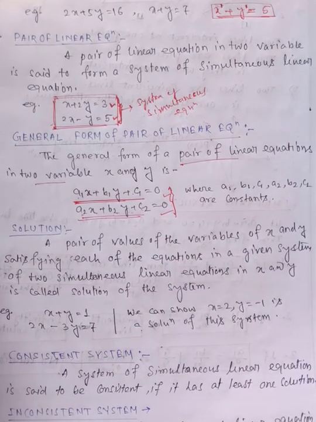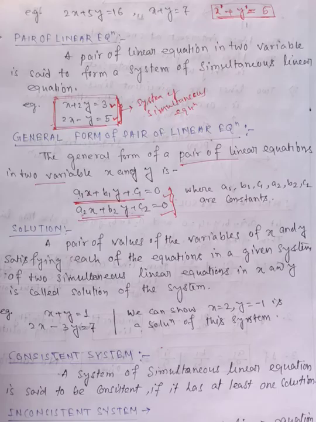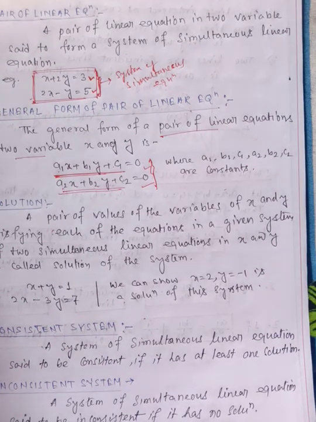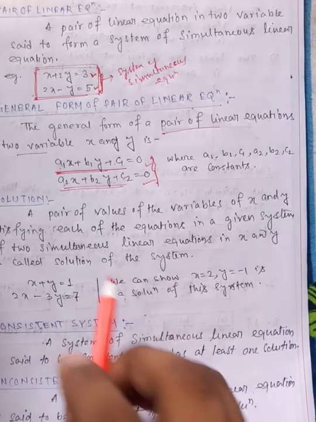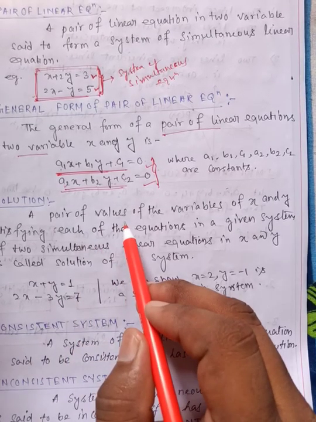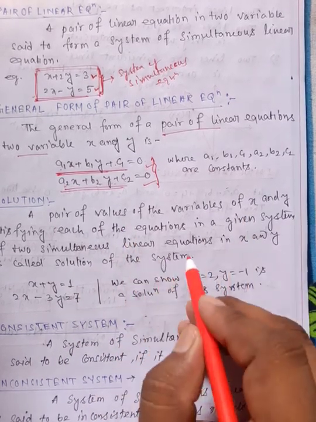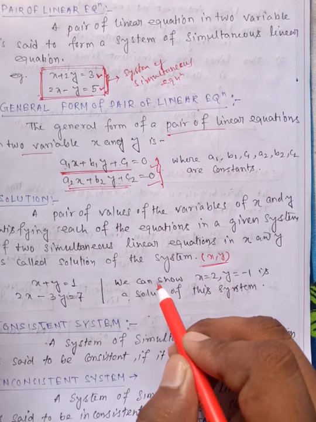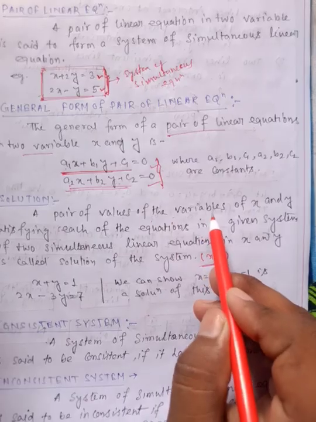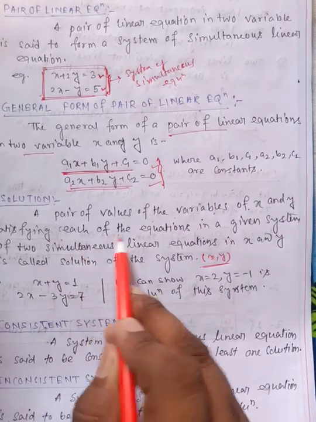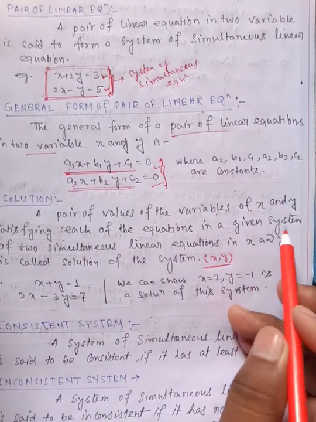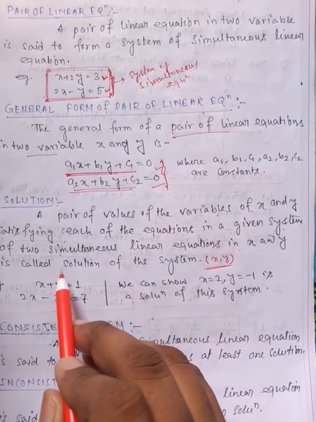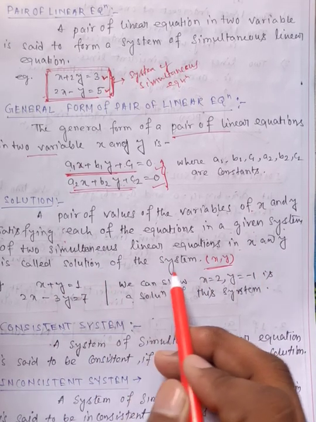So what do you mean by a solution of these simultaneous linear equations? A solution is a pair of values of x and y. A pair of values of variables x and y satisfying each of the equations in a given system of two simultaneous linear equations in x and y is called the solution of the system.